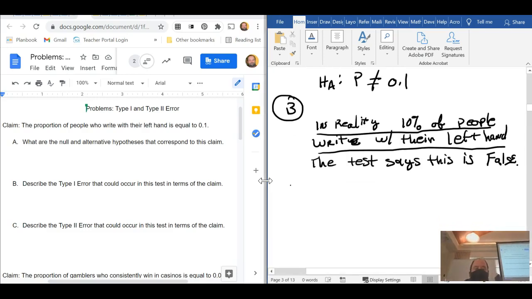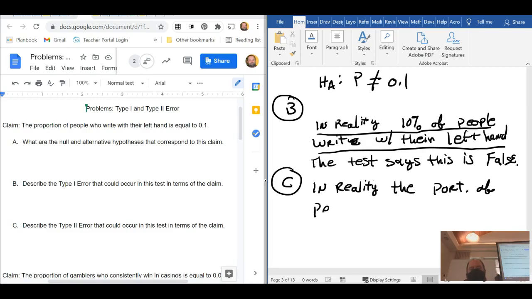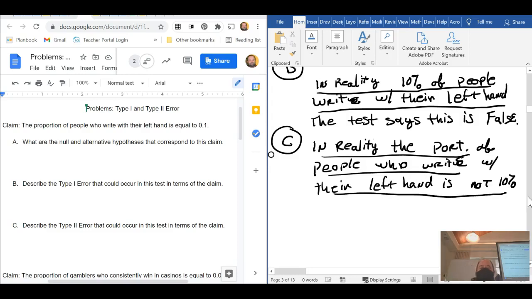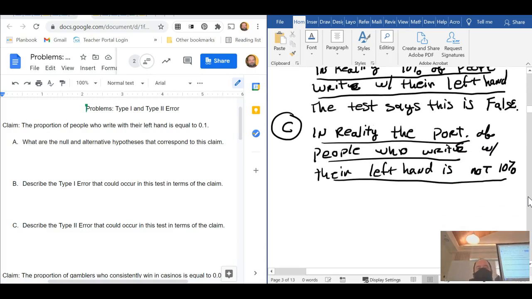Now, the type 2 error, which is part C here, is that in reality the proportion of people who write with their left hand is not 10%, because that statement would say the null hypothesis is false. The null hypothesis says the proportion is 10%. So in reality, the proportion is not 10%, but the test says it is.